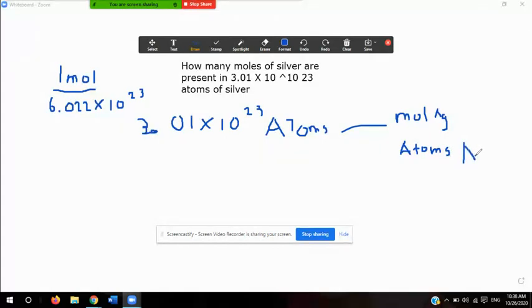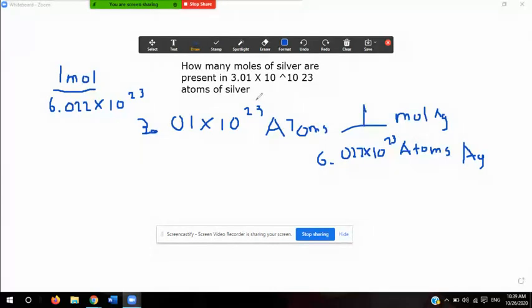So basically, we have our conversion factor, and this is 6.022 times 10 to the power of 23, and of course, that'll be 1 mole.